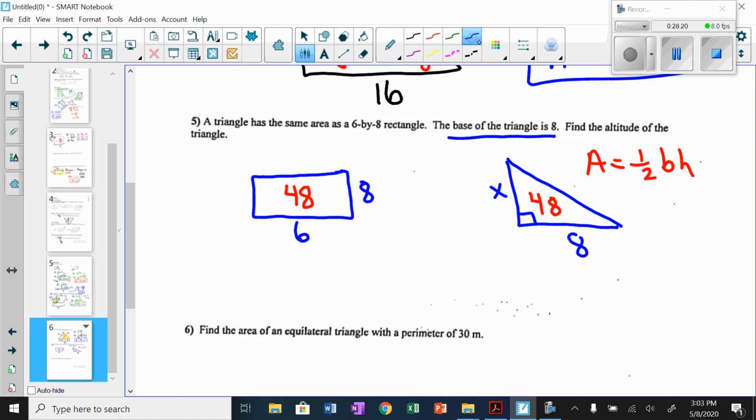Now the area we know is the same as the rectangle, so it's 48. I'm going to substitute in that 48. 48 is equal to half. My base is 8 and my height is x. I'm going to take half of 8, which is 4. So 48 is equal to 4x. Divide by 4, x is equal to 12.